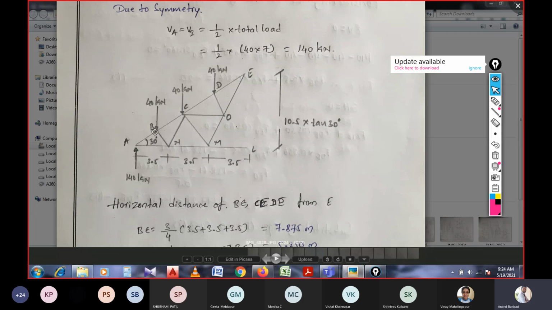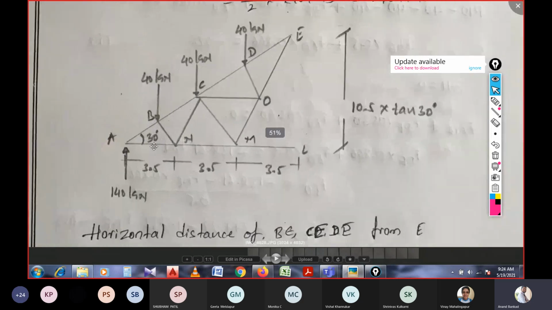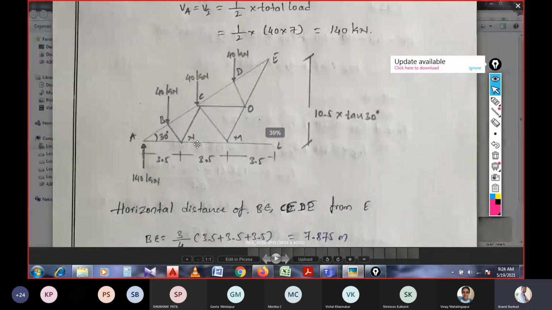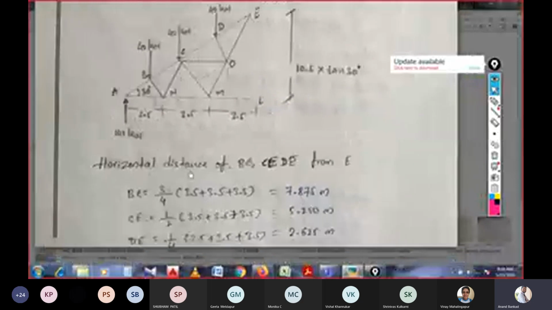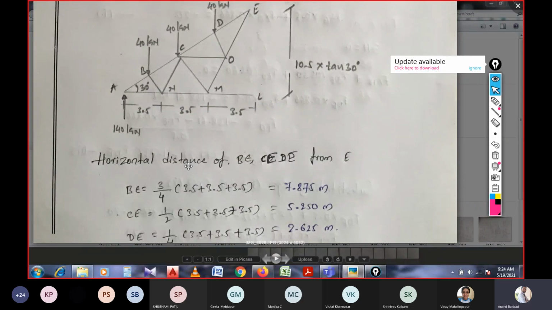If you take this load to the member AL, we don't have the distance from that point to the point where it is acting. And the load at C, if you drag it downward, doesn't have a known distance from A or from L, right? So for this, we need a horizontal distance calculation before starting moment calculations.